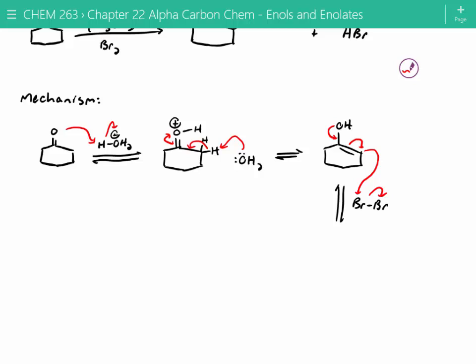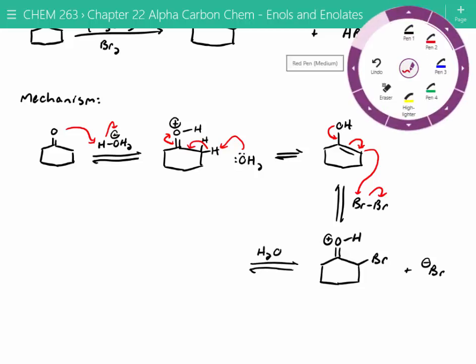So it's a bit steppy. And now our oxygen's protonated. Another equivalent of water. I'll also draw Br minus over here. Can come and deprotonate our carbonyl.